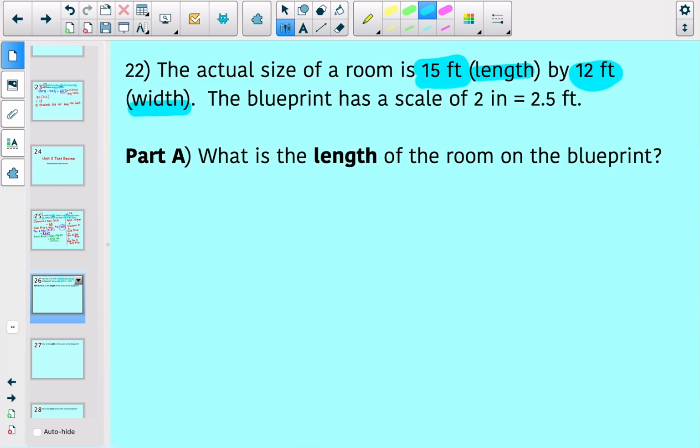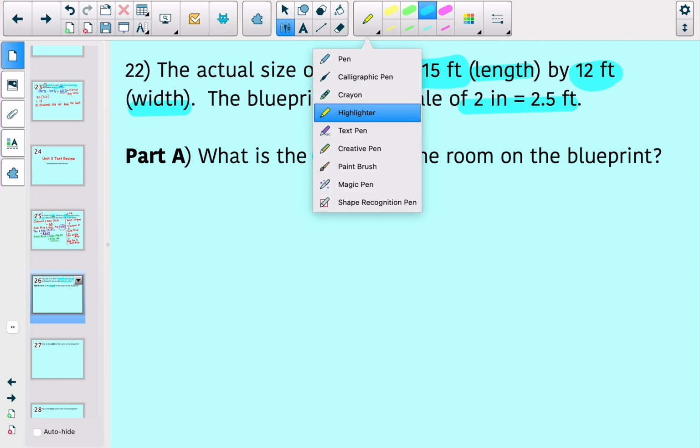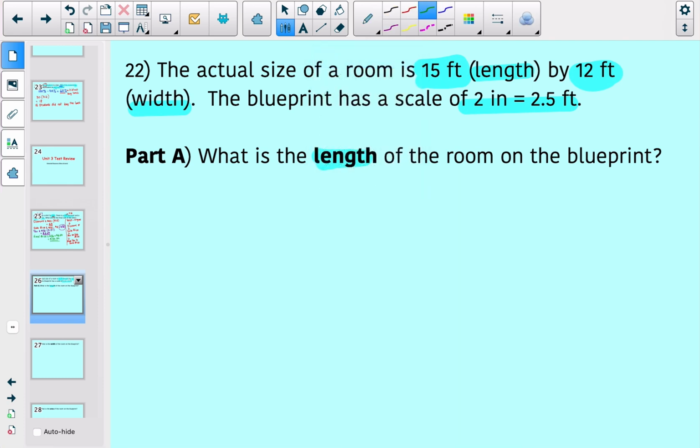And the blueprint has a scale of 2 inches equal to 2.5 feet. Okay, now we need to find what is the length. So remember what we talked about in class, that whenever we have a scale, we're going to immediately put it into a fraction. So I'm going to say 2 inches over 2.5 feet.